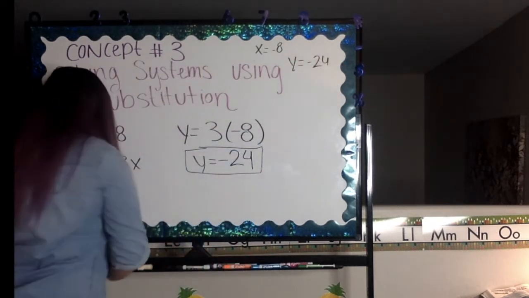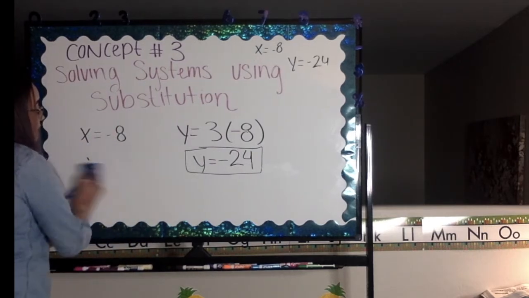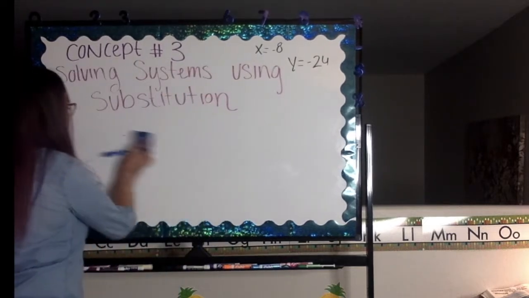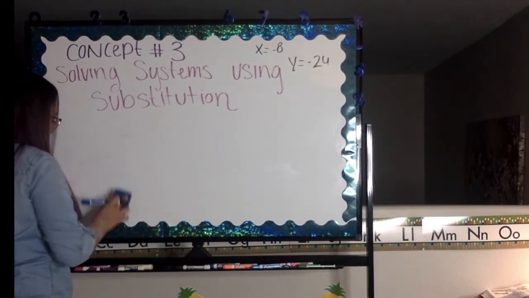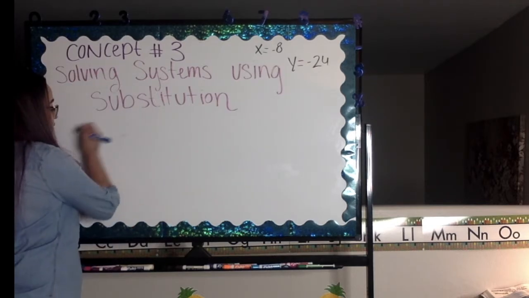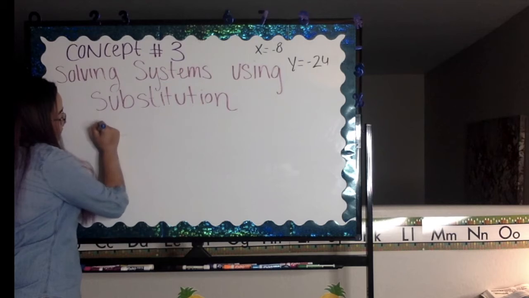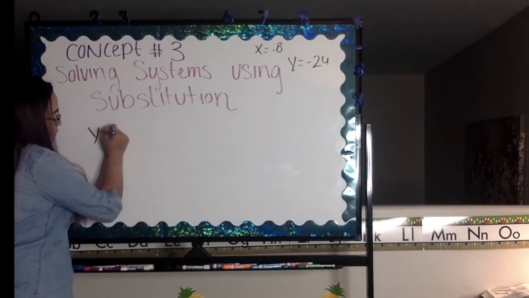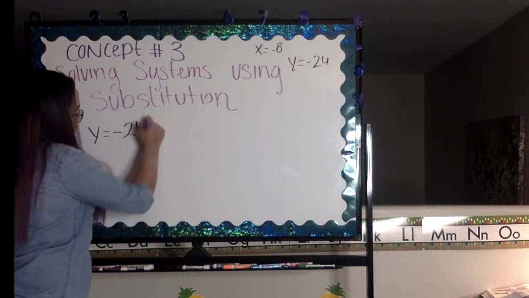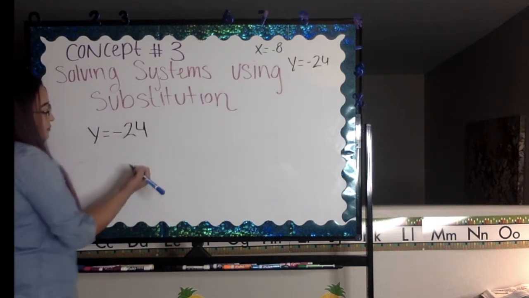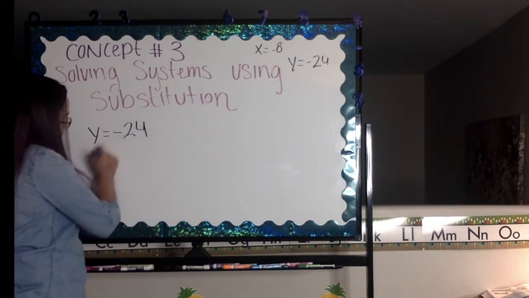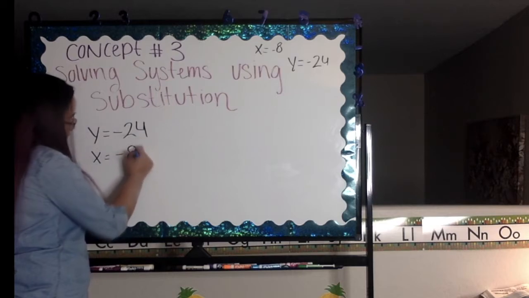Now, let's plug those in and check our answers. So what is that going to look like? Very well. That is going to look like this. We have y equals negative 24, and x equals negative 8.